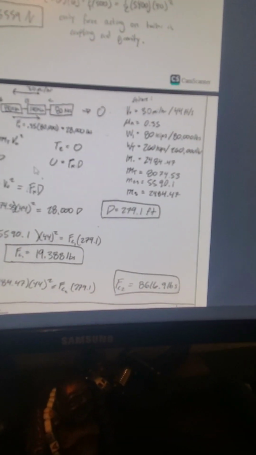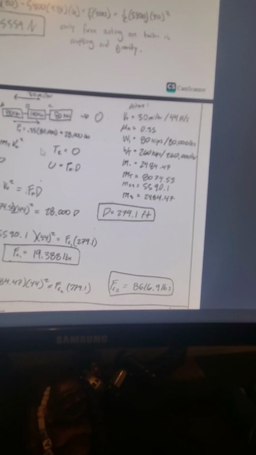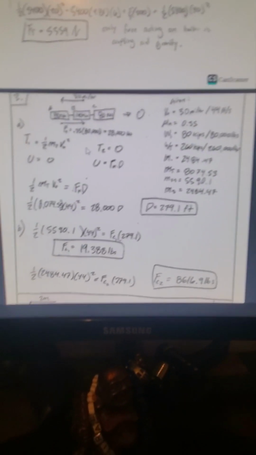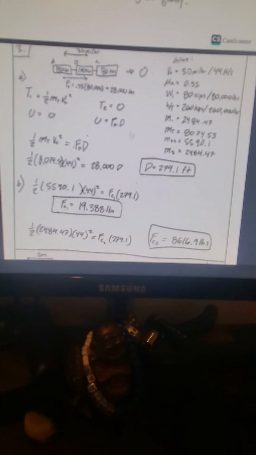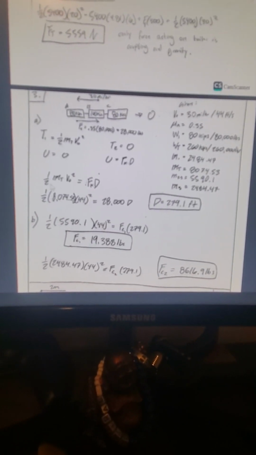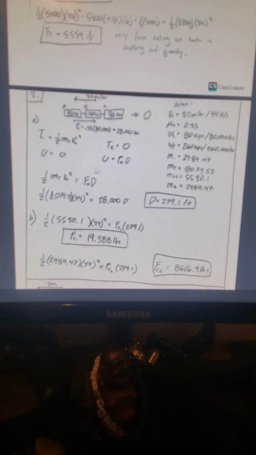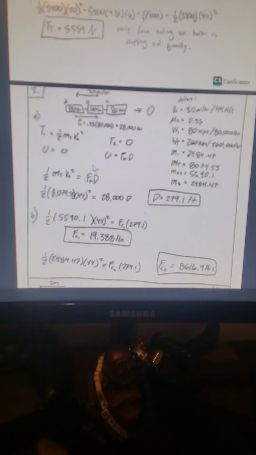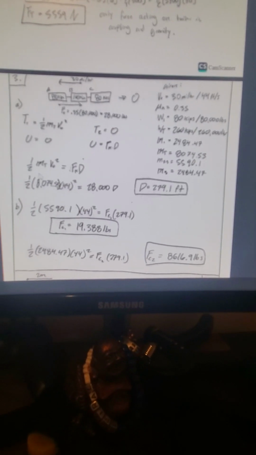Yes, okay. So that's just the work done from the friction on the track times the distance. And ultimately what we're trying to solve for is the distance. So we pretty much can just set these equal. So we have the initial kinetic energy is going to equal the work done from the brakes. So you can solve for the distance that way pretty easily.